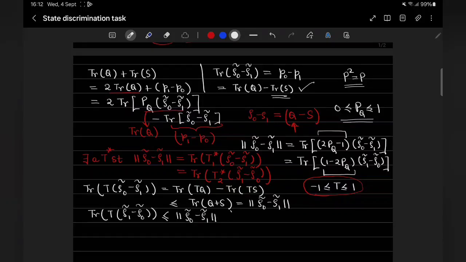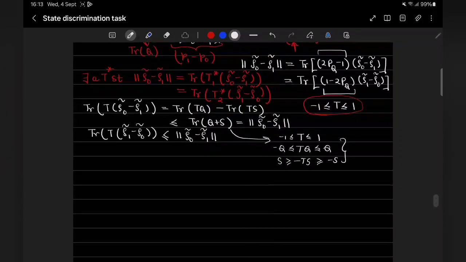So why does this hold? Let's quickly see. So t is between minus 1 and 1, and q and s are positive semi-definite matrices, so I can multiply them. So tq keeps the sign of inequality, so I have something like this, and similarly I can multiply with minus s to get something like this.